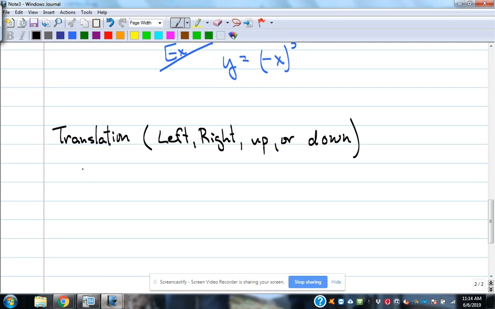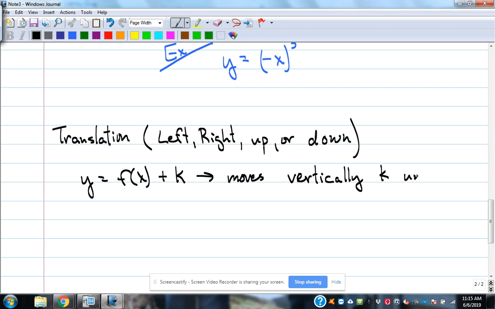When we take a function, whatever type it might be, and we add something to the outside, it moves vertically k units.